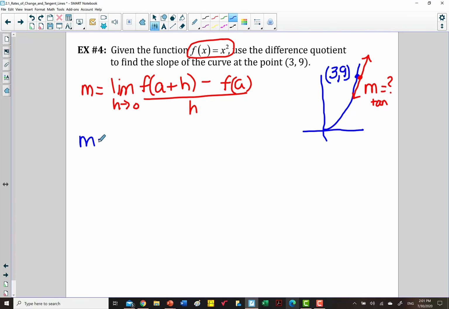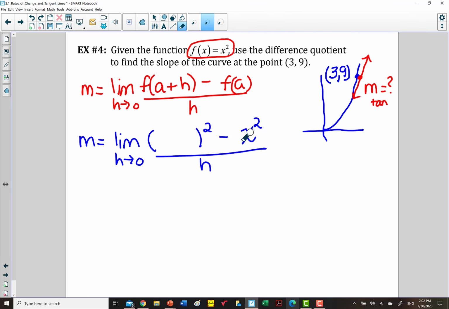So we're going to find the limit of x squared as we let that term go really close to 0. But this can't be x, it's got to be a. So we want a plus h quantity squared minus a squared.